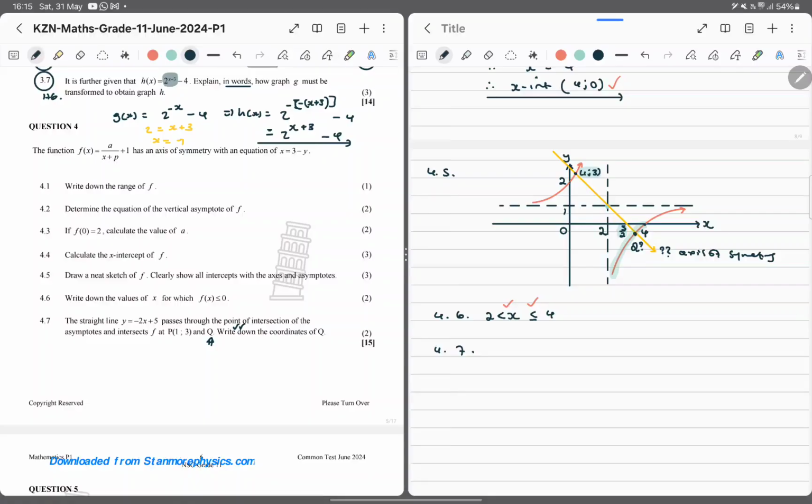Is it? I want to believe so. But it can't be the axis of symmetry. No, it's not the axis of symmetry.